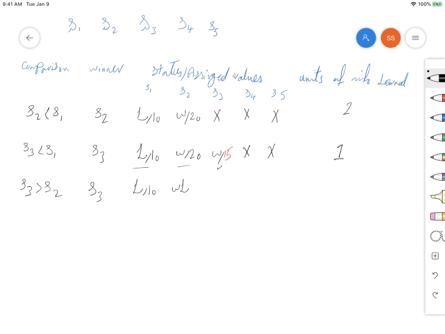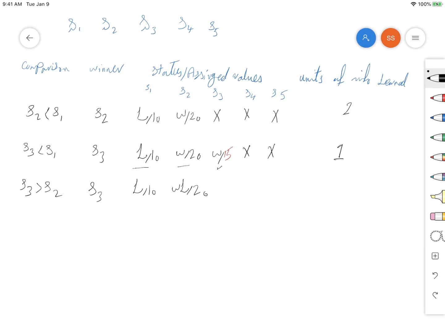So here we are going to have the value of 20 for S2, but because now we found that S3 is greater than S2, we are going to assign a new number to S3. And while we are changing the values, as we said, this value is going to help us do some analysis and understand this example better.